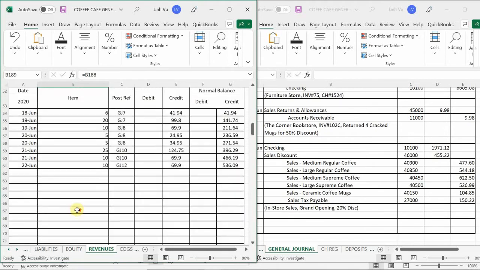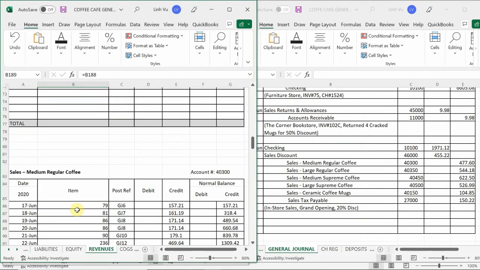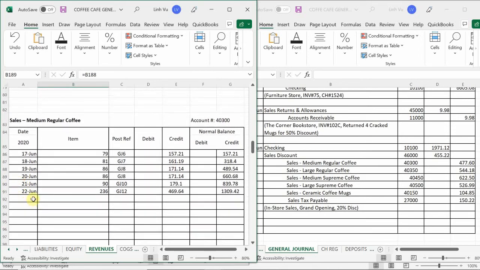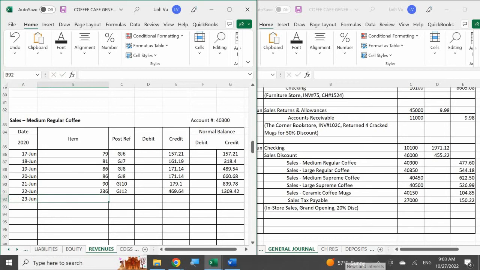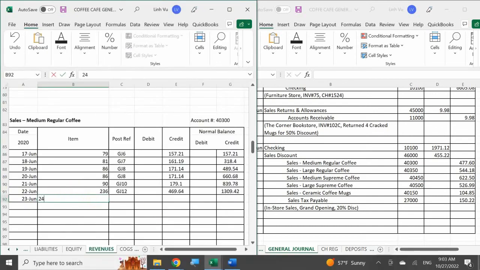We're going to record the sales for the coffee. Okay, so medium regular coffee. How many cups did I sell? 240 cups, for 477.60.